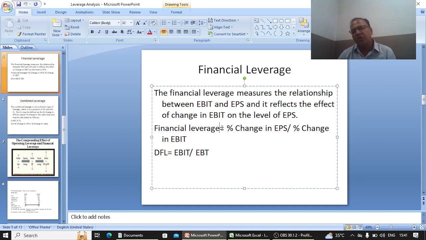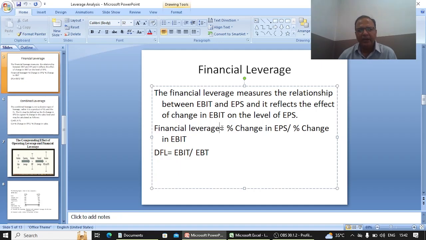The suggestion is that if an organization uses more financial leverage, then the effect on EPS would be positive.